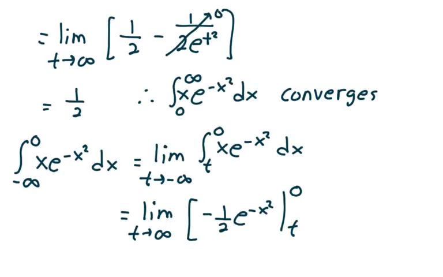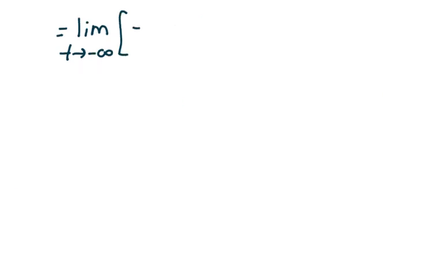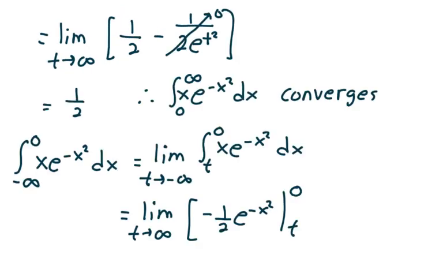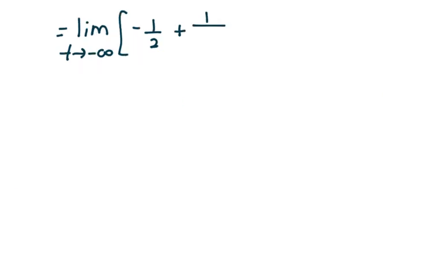So this is the limit as t goes to negative infinity. If I plug in 0, I get negative a half. If I plug in t by the same argument, I get plus 1 over 2e to the t squared.